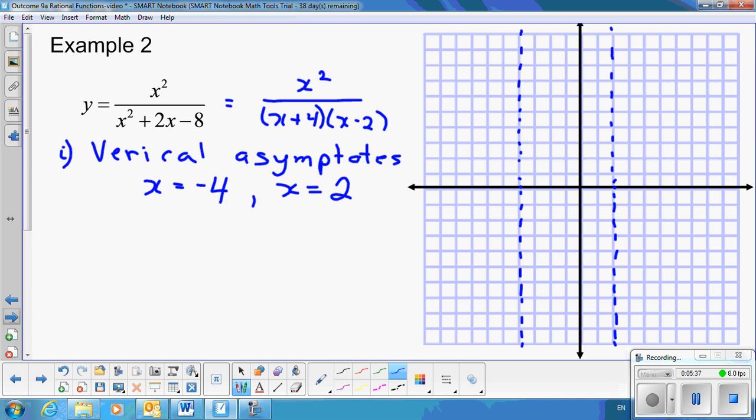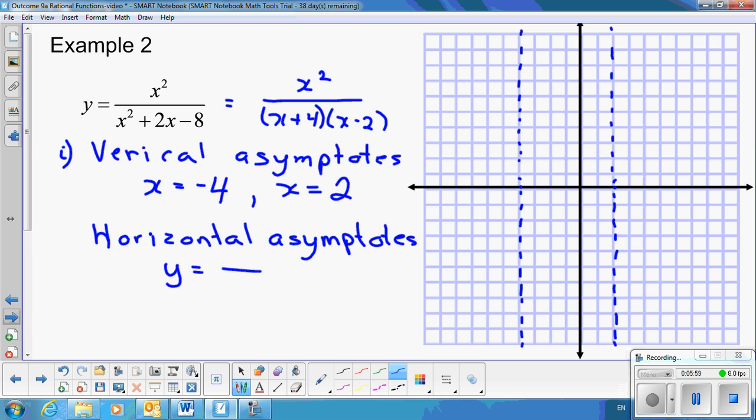I can look at horizontal asymptotes. For horizontal asymptotes, we need to look at the degree of the numerator and the denominator. Because the degree is equal, I need to look at the leading coefficients in the numerator and the denominator.